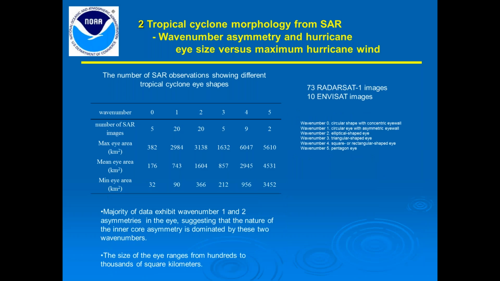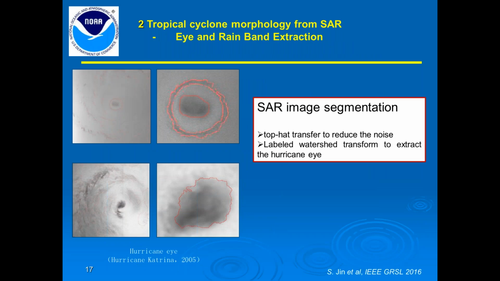Okay, so this is the statistics we analyzed from these 80-some images, and you can see the mean area within the hurricane eye, and what category those hurricanes belong to. You can see those are pretty closely related. You don't have to do it manually.